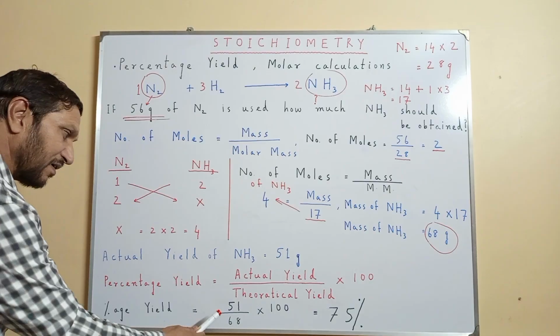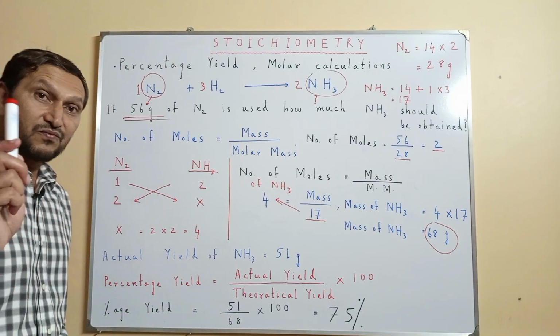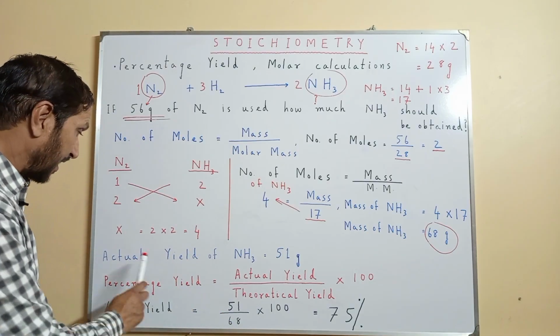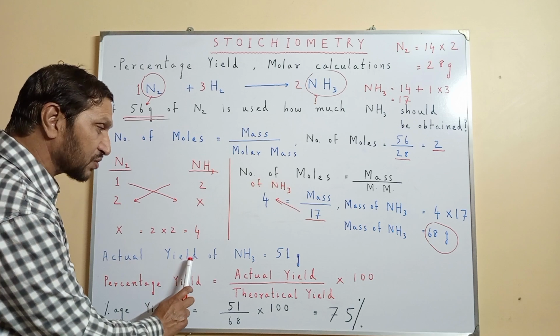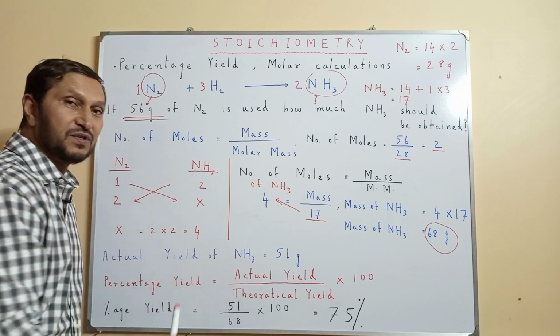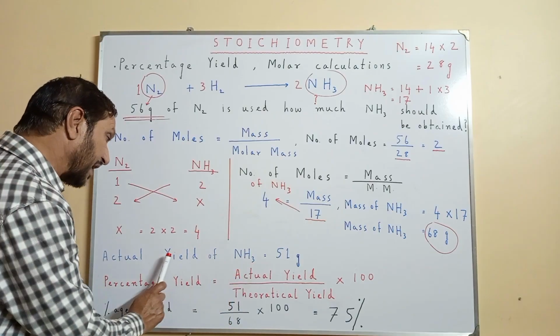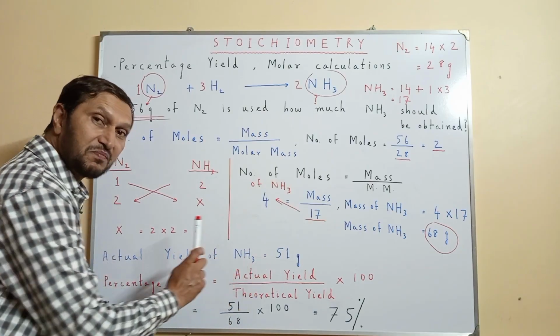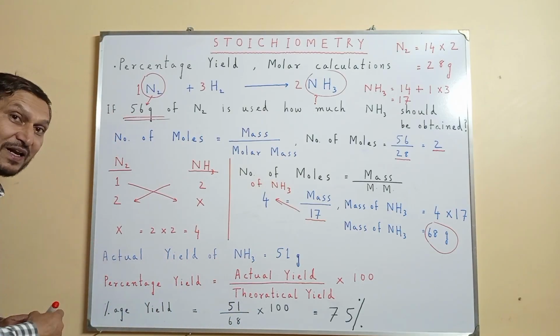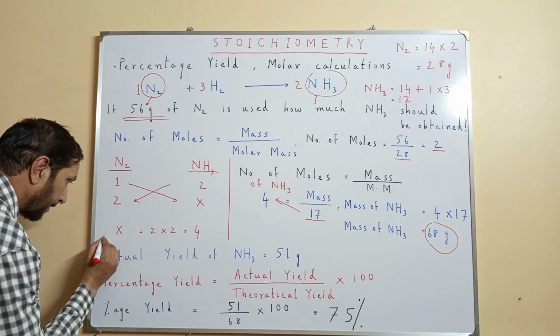So, for example, it will be given in the question that the actual yield or actual value of ammonia which you obtained through this reaction is 51 grams. This is the actual yield which will be provided. Suppose this is the next part of the question.